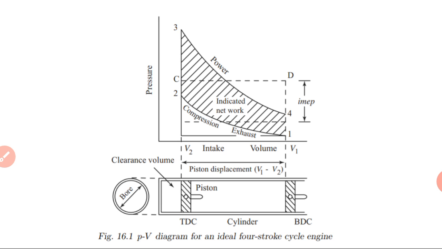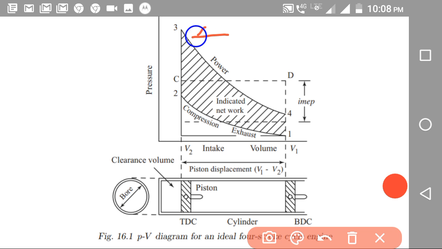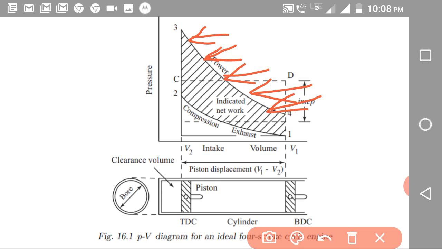So here you can find different pressure ranges. If you are finding the average pressure, we can say that the area enclosed by this diagram is nothing but the work done per cycle.